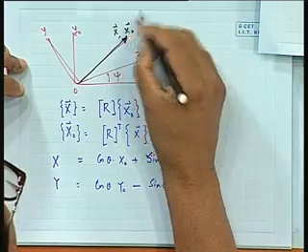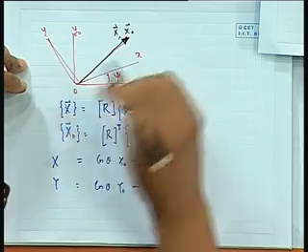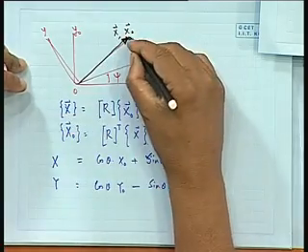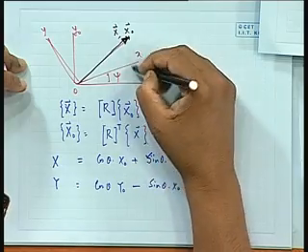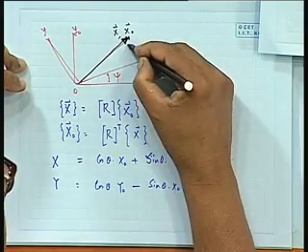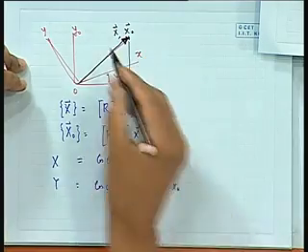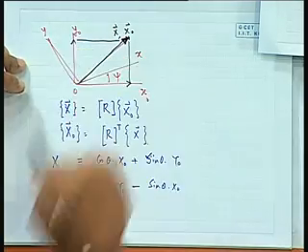See, this is a vector of a point P here. Now when I represent this vector in terms of coordinates x0, y0, then this becomes my x0, this becomes my y0.